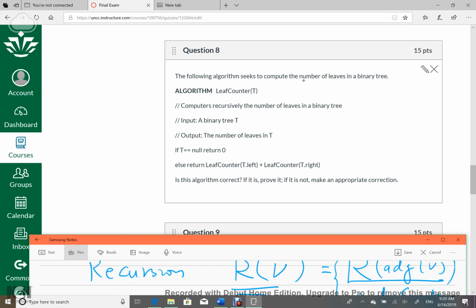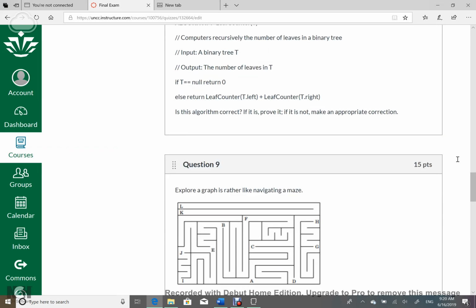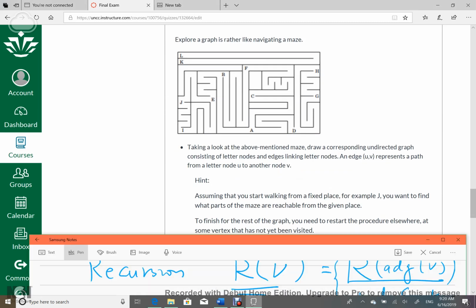And here there is the number of leaves in the binary tree. If t equal to null, return 0. And we want to check whether this is correct or not correct. Okay, so this is question 8.